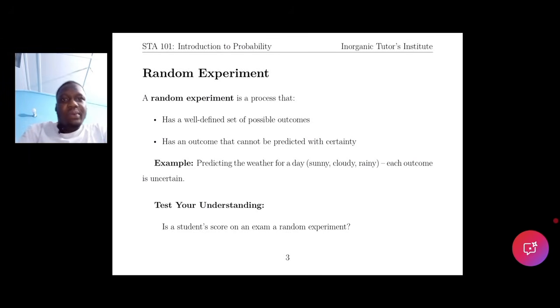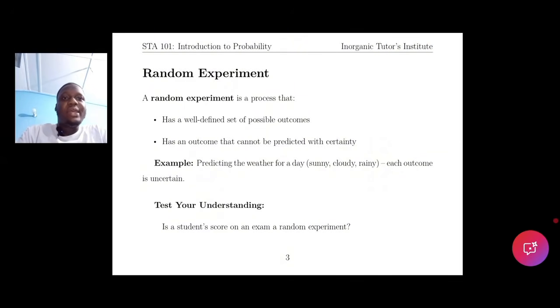We'll start with what we mean by a random experiment. But before that, I would like to explain what we mean by experiment here. When we say experiment in probability, we are not generally talking about the ones where we go to the lab and mix chemicals and make some reactions.